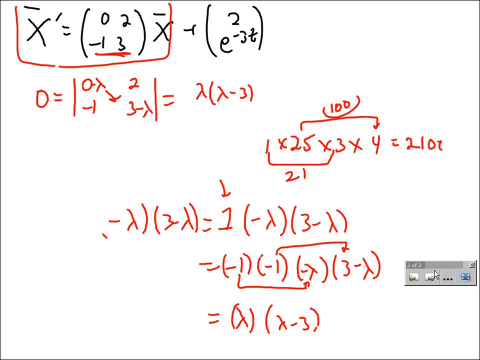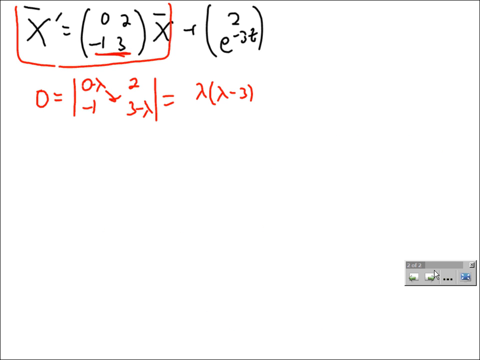Now, if you're multiplying 3 things, you can multiply all 3 by negative 1, because negative 1 times negative 1 times negative 1 is negative 1. It's not 1. Okay, minus that product, which is negative 2. So you get lambda squared minus 3 lambda plus 2.